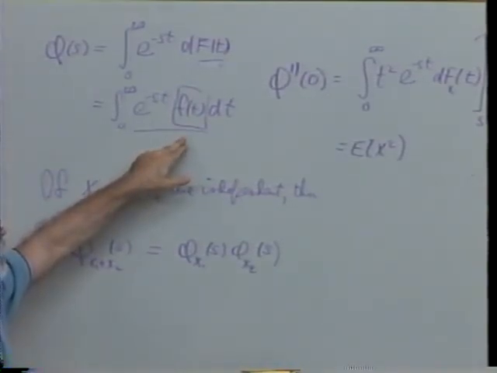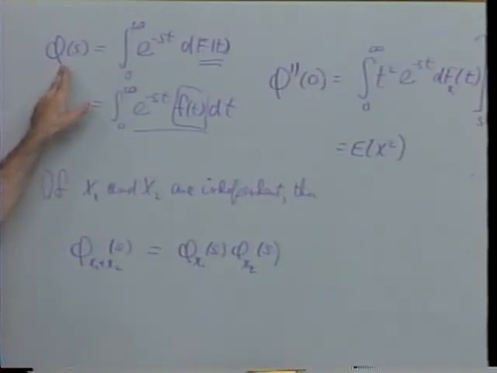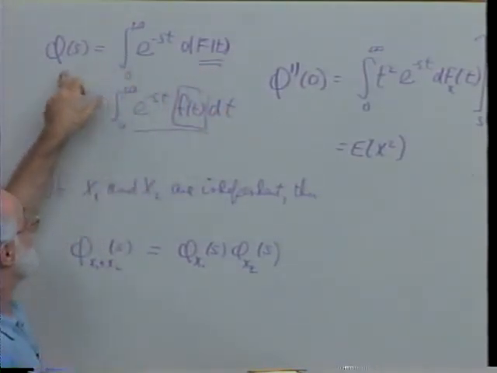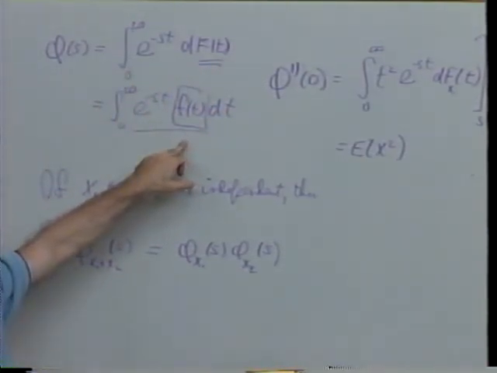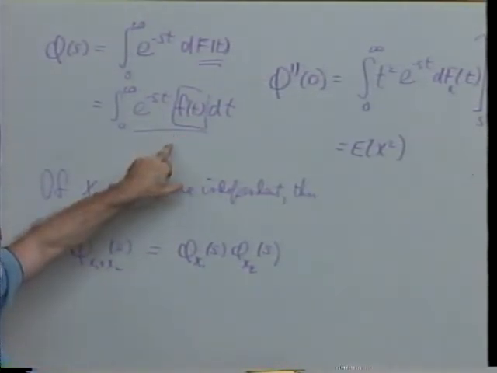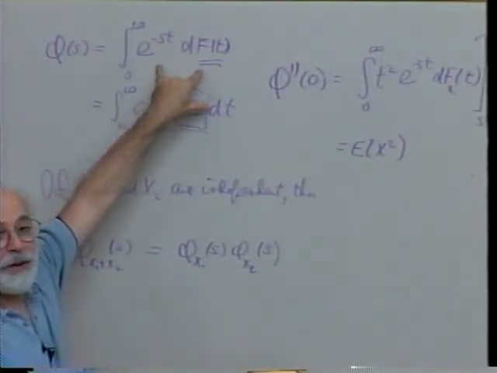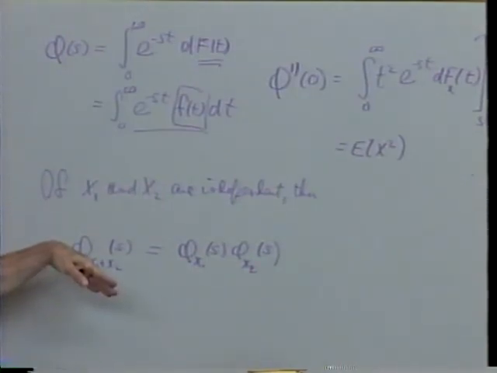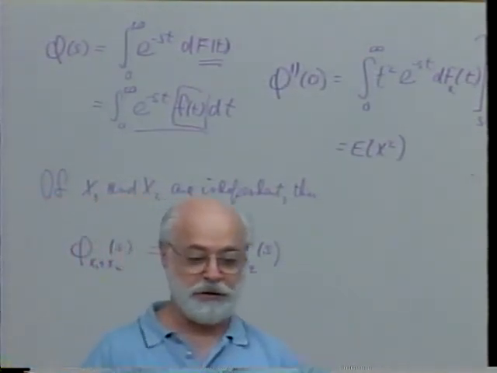In particular, if the random variable has a density, then the Laplace-Dirichlet transform of the distribution function is equal to the Laplace transform of the density function. But if the random variable does not have a density, even though this part doesn't exist, this can still be evaluated, and all of our theorems still hold. OK, we'll continue with this next time, and you'll see how all this fits into queuing theory.